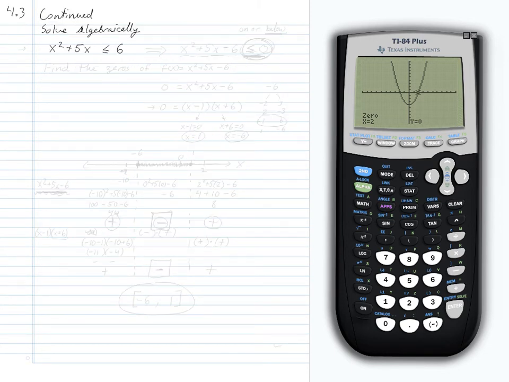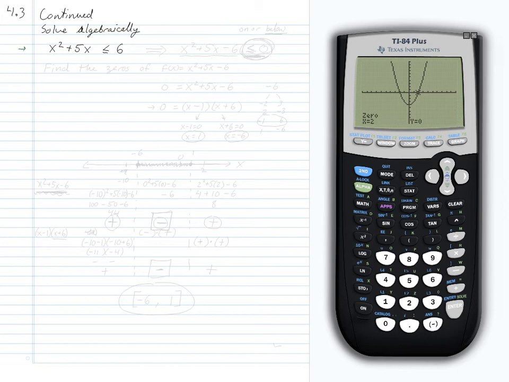If you look in the notes, you'll see the steps outlining the algebraic approach. You want to begin in the same fashion by isolating one side being 0 and isolating the quadratic part of your inequality on the other side. From there, you would like to find the zeros of the quadratic side.